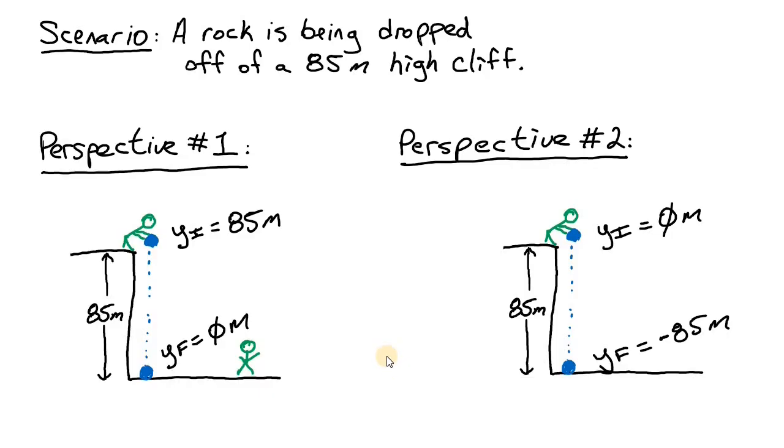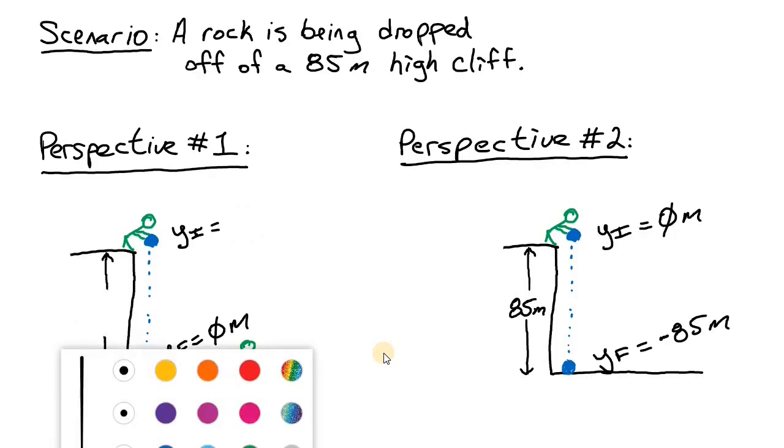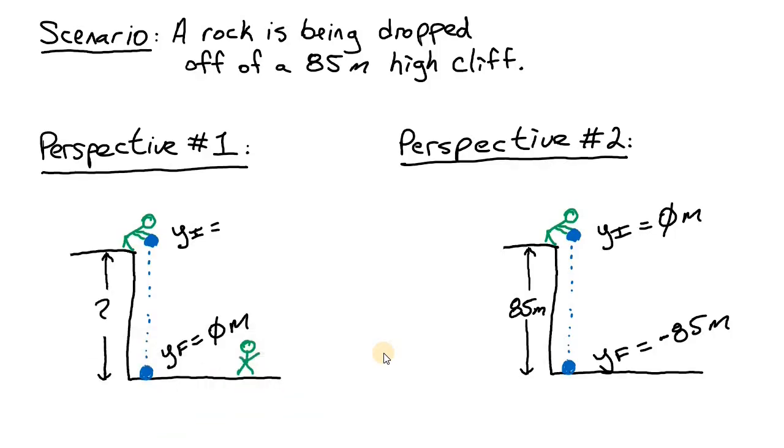Okay, well, how about this? Say we weren't given the initial height and this is what we're trying to find. Okay, well, that's fine for this situation because we do have the idea that it's going to be hitting the ground and we do have a given piece of information that it's 0 meters.